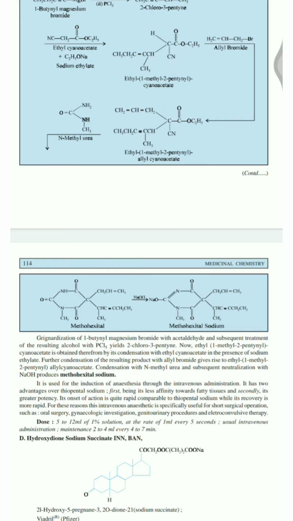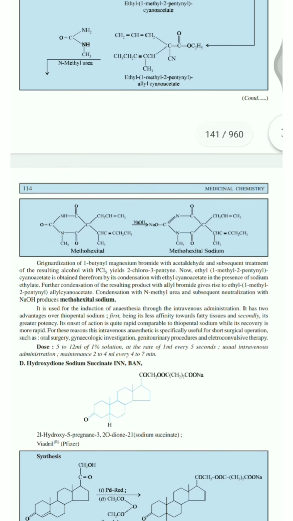Now this, on condensation with N-methylurea and subsequent neutralization with sodium hydroxide, gives our desired product. It is used very often. Its onset of action is very rapid and its recovery is also rapid. For these reasons, it is very much used nowadays.